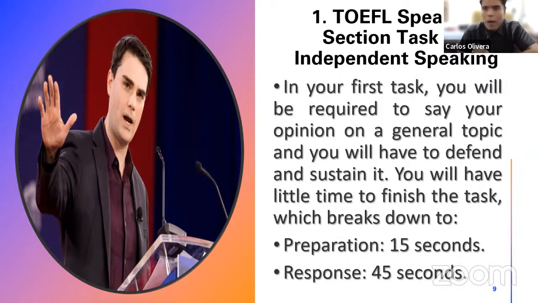As you can see here, I decided to put a picture of this very famous character. I don't know how many of you are familiar with him. In the last years, this person has been very popular. It's Ben Shapiro, an American political commentator, and he is very famous because he is said to be one of the best debaters in the world.